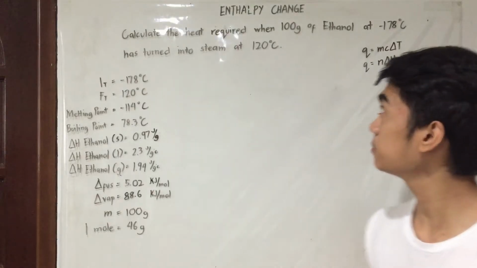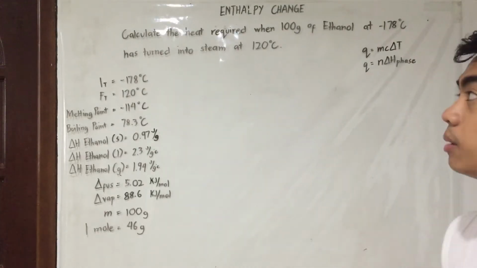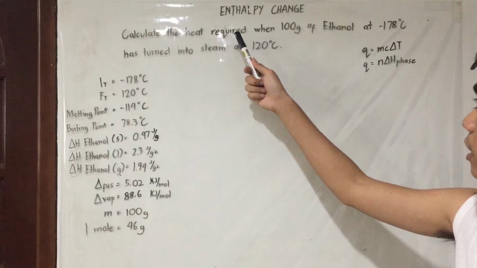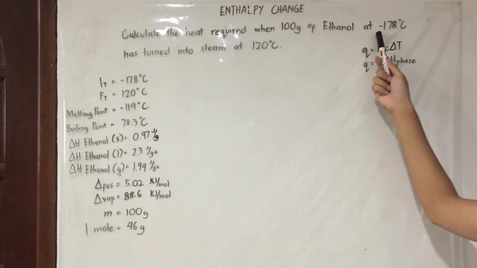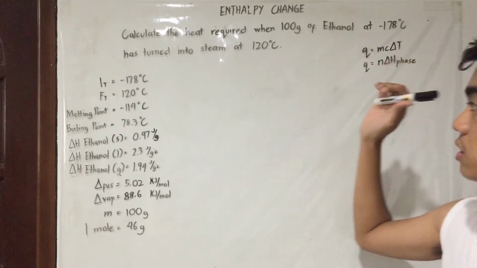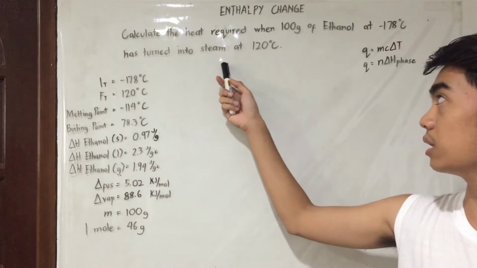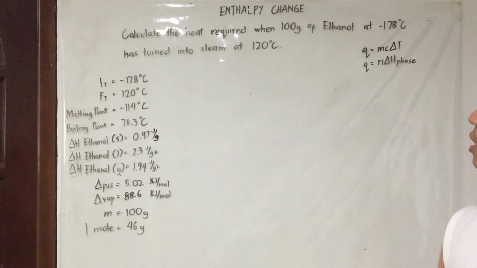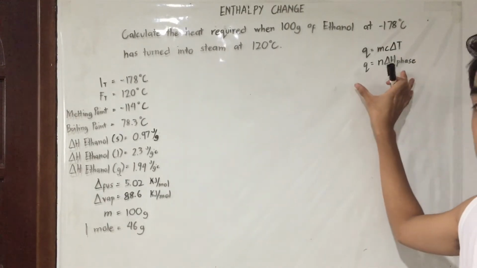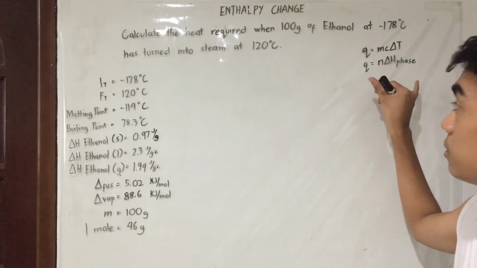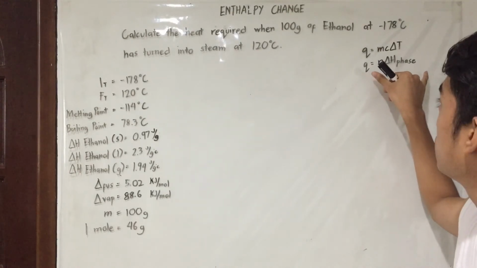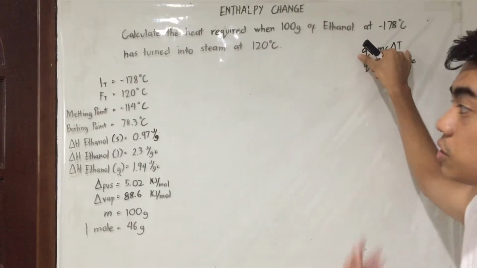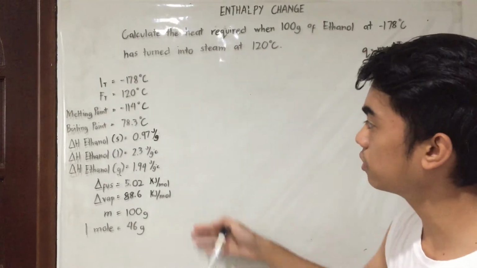So for our next topic, enthalpy change, we have here a sample problem. Calculate the heat required when 100 grams of ethanol at -178 degrees Celsius has turned into steam at 120 degrees Celsius. Now this is our formulas that we're going to use for every phase change and just a conversion. And these are variables.